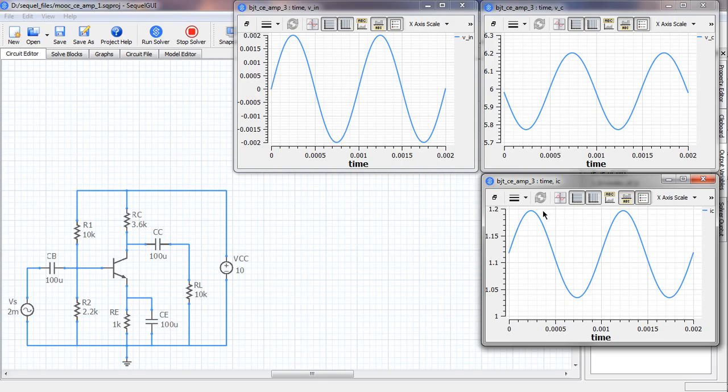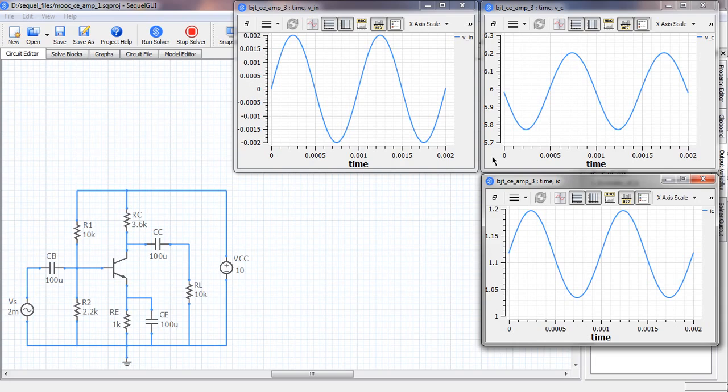We expect the peak to peak variation to be 0.17 milliamp, if you remember. So let's check whether that is happening. This is 0.05 milliamp, 1.2 minus 1.15. So we have 0.05, another 0.05, another 0.05. So 0.15 and a little bit. So it does indeed look like 0.17 milliamp as we would expect.